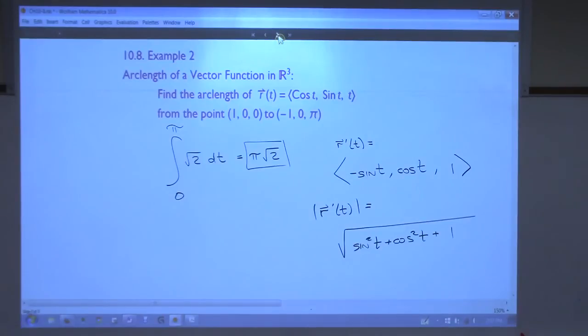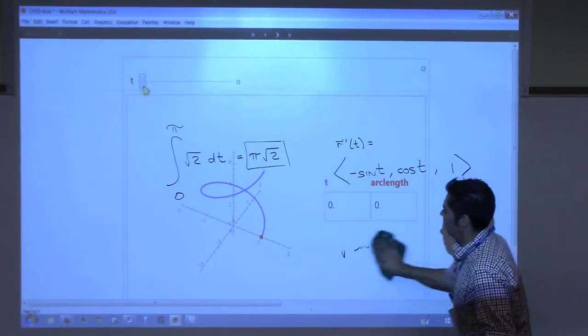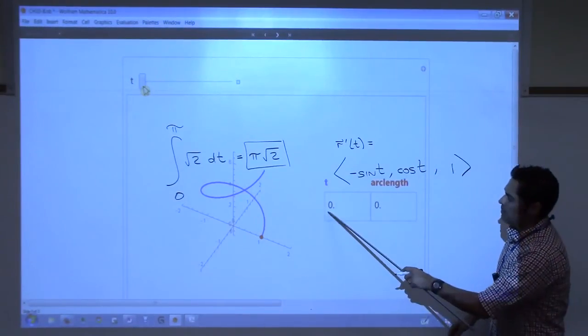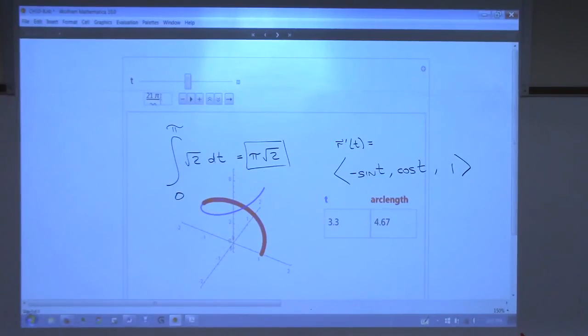I might have the picture of it also. Let's see. Yeah, there's the picture. So you'll notice, well, I've got a bunch of stuff in the way here. I have the computer telling me what t is and what the arc length is. So I'm measuring that red piece until I get to, where were we going? Pi? We're only going to pi, so pi is like 3.14 something. I just put it in here.